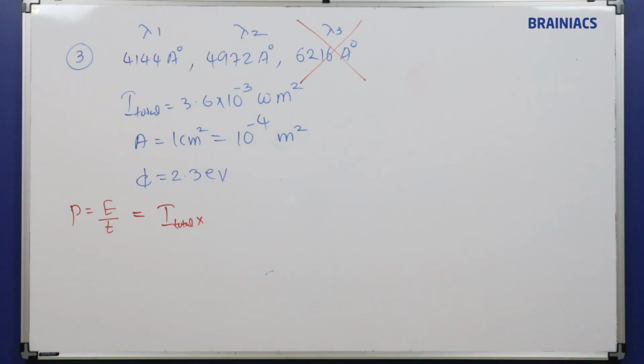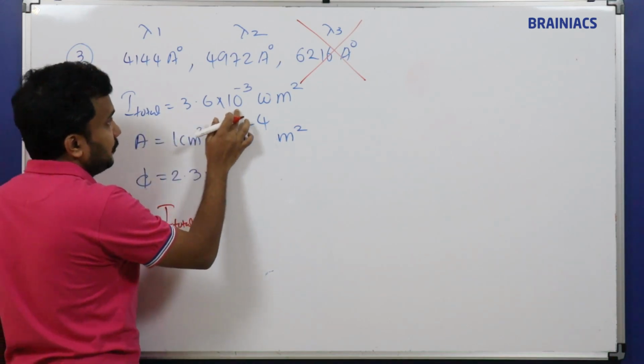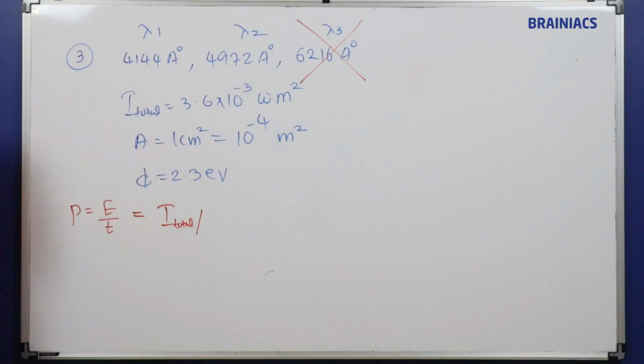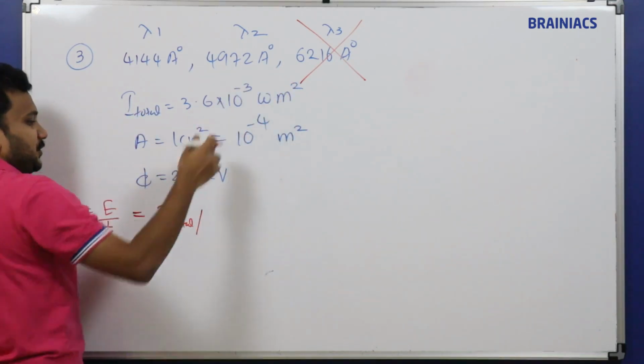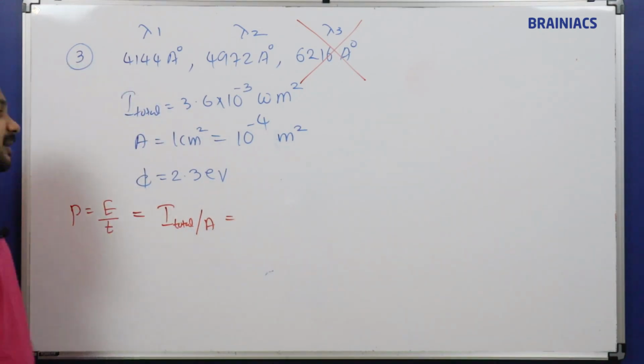Watt per meter square. I total means 3.6 watt per meter square. We have to divide with the area, then only we get the power, right? Watt per meter square per meter square is power. So this is equal to energy by time.